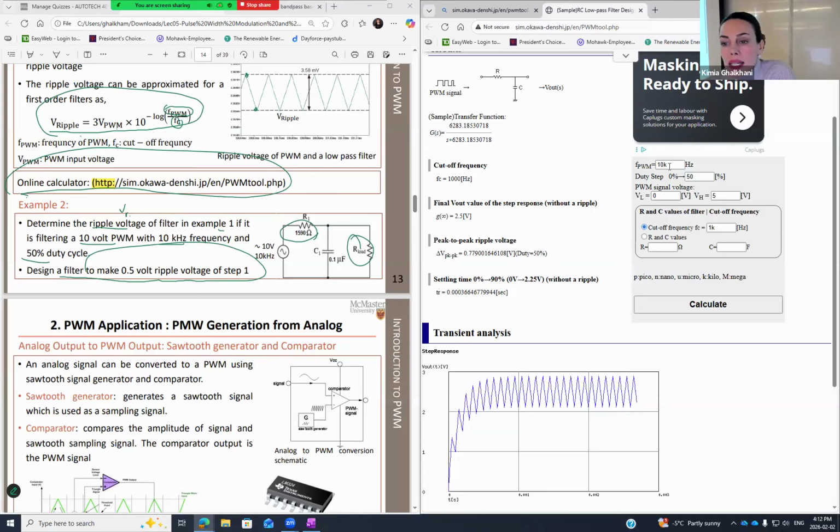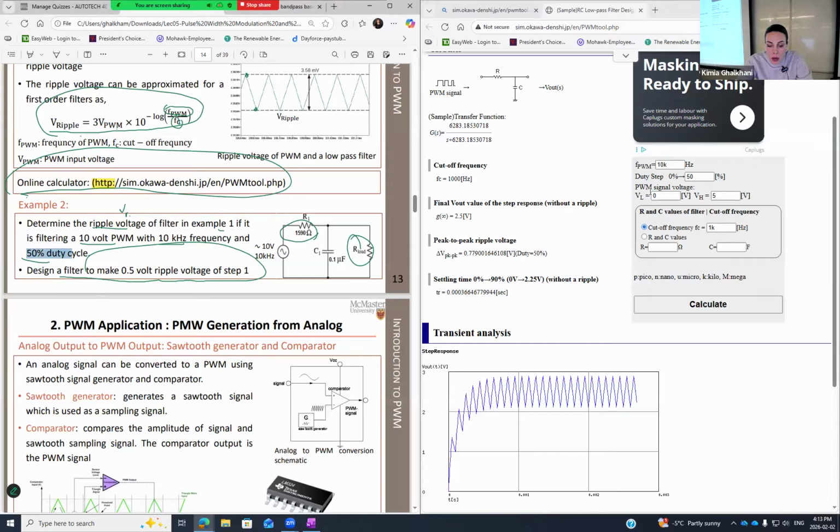You can simply define whatever you have. For example, I have the frequency to be 10K based on the example. I'm going to get the exact same result. So then I'm going to have the duty cycle to be 50 as it was mentioned.